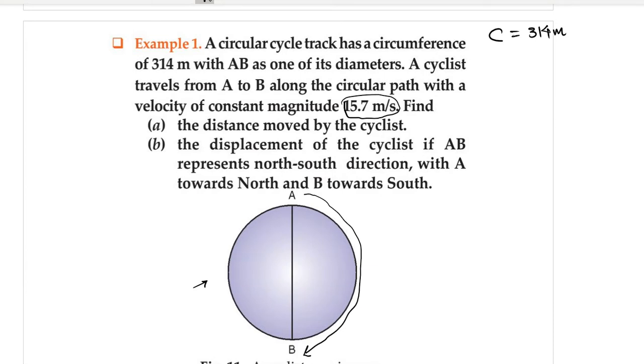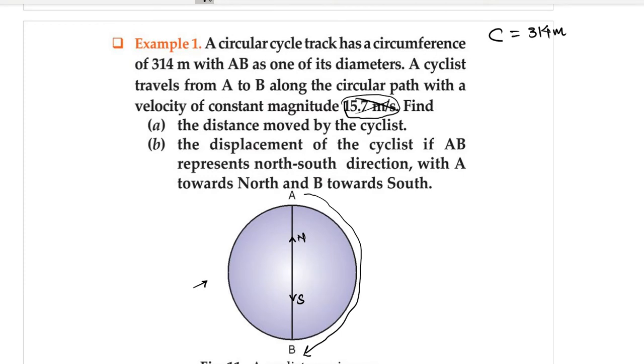Find the distance moved by the cyclist and the displacement of the cyclist if AB represents north-south direction with A towards north, this is north, and B towards south. Okay, so there is no need of velocity over here in this question. They have just given it to confuse us, right?